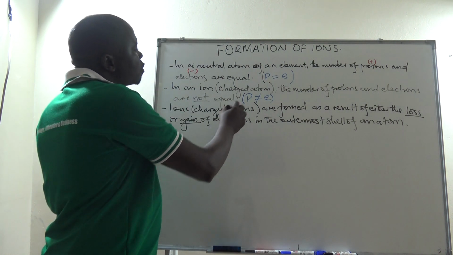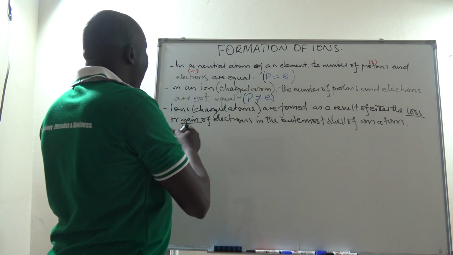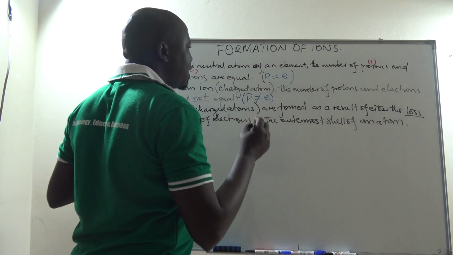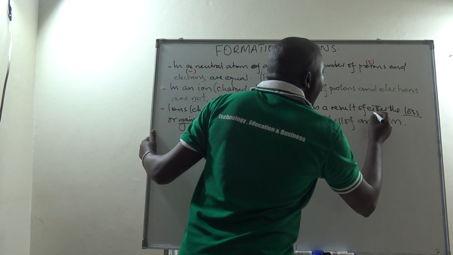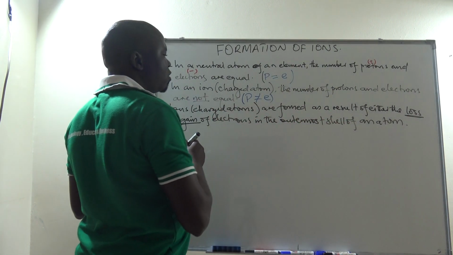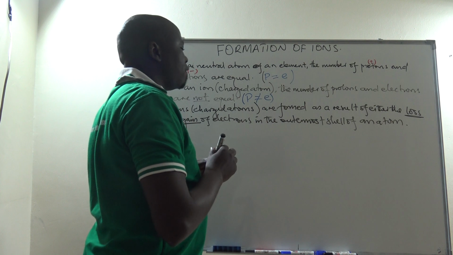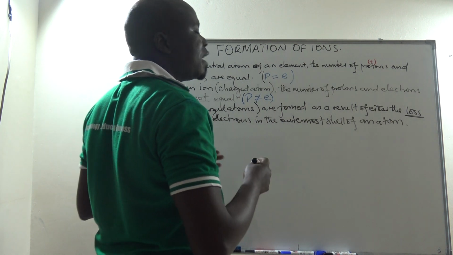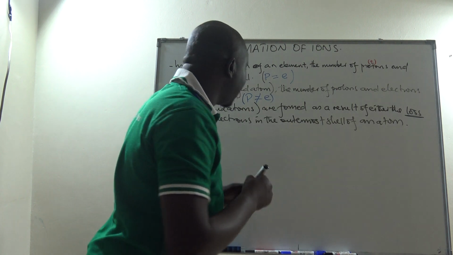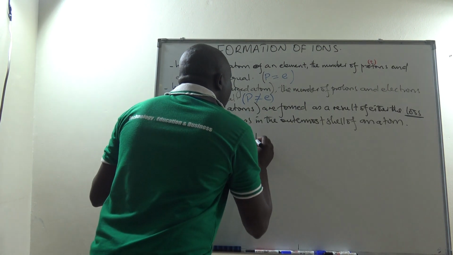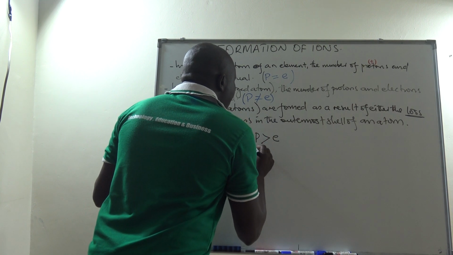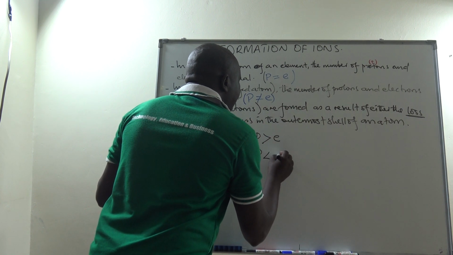And we say that what causes this, that is now in the formation of a given ion, is just the result of either the loss or the gain of electrons in the outermost shell of an atom. So if electrons are either lost or gained by an atom of an element, then in this case the number of protons can be more than the number of electrons, or the number of protons can be less than the number of electrons.